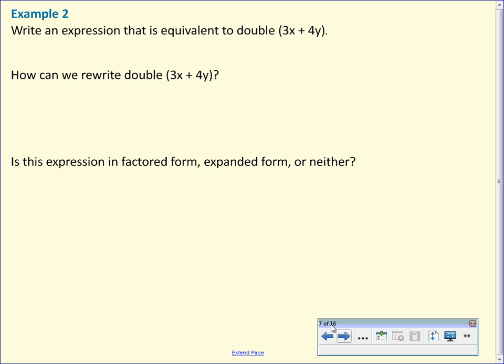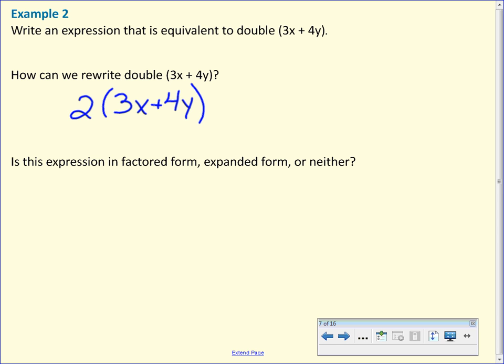If I'm doubling it, that's the same thing as multiplying it by 2. So how can I write that? Right. I'm multiplying it by 2. If I'm doubling it, I'm going to have 2 groups. So 2 groups of 3x plus 4y.